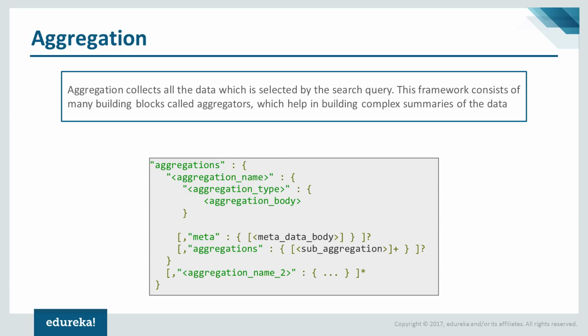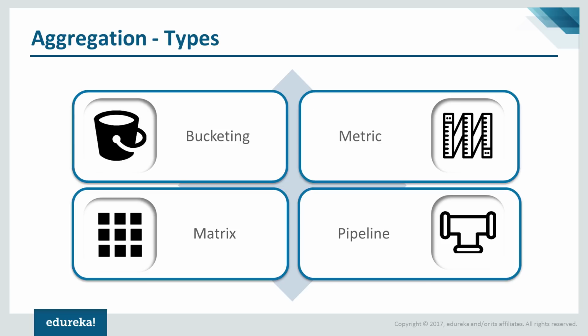If you see below, this is the syntax of the aggregation. These are the aggregator types: bucket, metric, matrix, and last but not least, the pipeline. So these are the different types of aggregation.